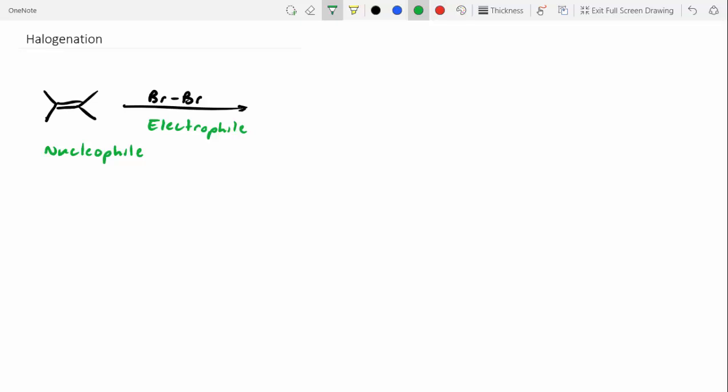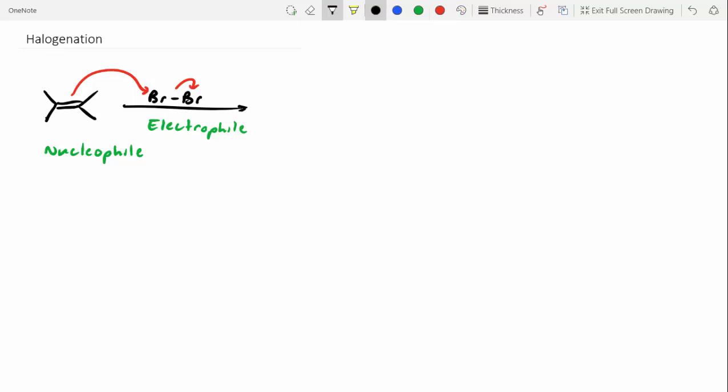And our pi bond, just as in the other examples, is going to act as our nucleophile. So in this case, our nucleophile is going to attack our electrophile and kick off one of the bromines. This is a weird example of an electrophile that's due to an instantaneous dipole. There's not a net dipole in Br2, but there's an instantaneous dipole so that the pi bond can attack the bromine and kick off bromide.